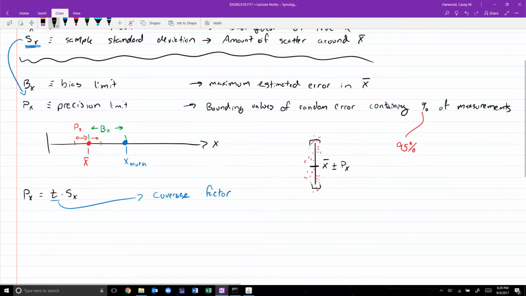And so the way we do that is by assigning a value of t equals 2 for our 95% confidence interval.